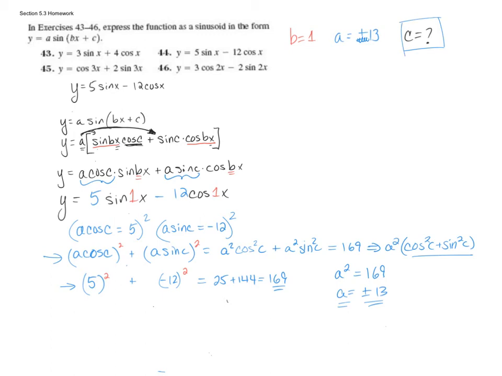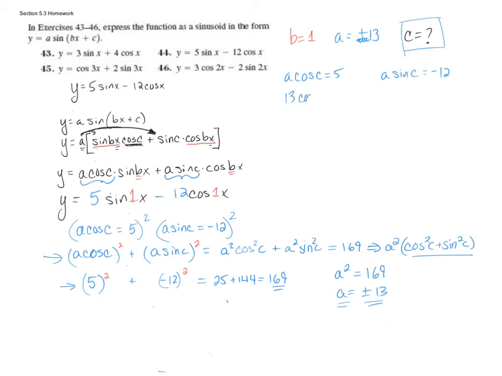So one of the things I can do is go back to our first equation over here. A cosine C has to equal 5, and A sine C has to equal negative 12. Looking at the ratio of those two things, because I know sine over cosine equals tangent, I could put in 13s for both of them, first of all.